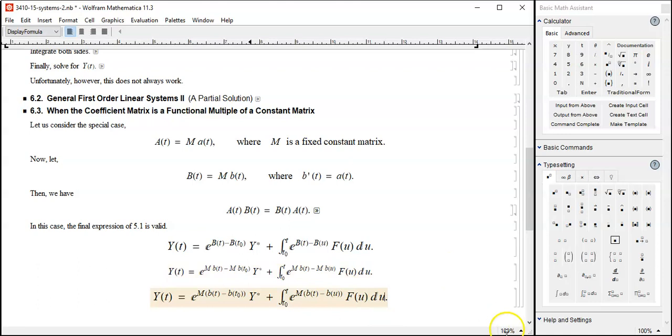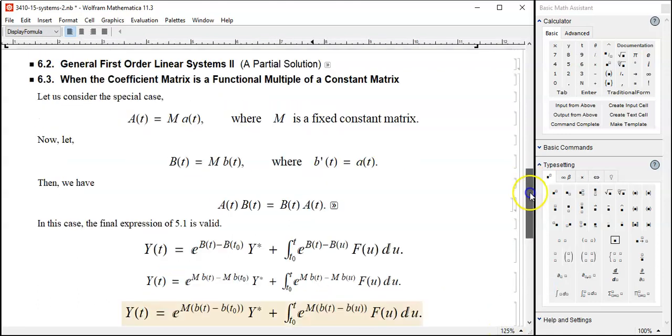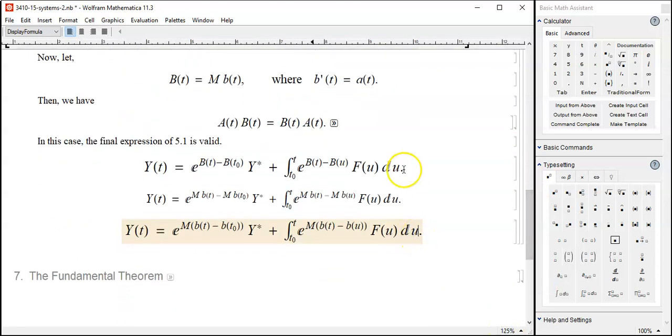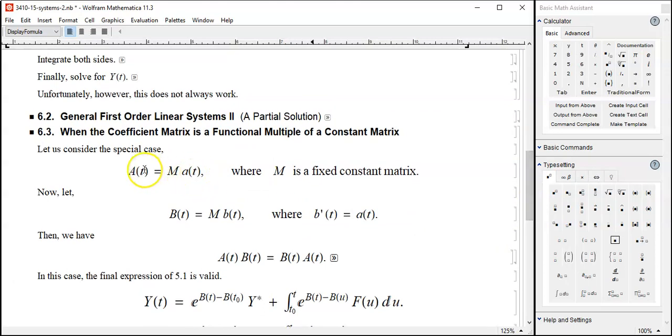Maybe too small. Increase the font. Either this formula or that formula, both are practical in about the same way, so no problem there. So yes, it works out if our coefficient matrix is a constant matrix times a scalar function. In that case, it works.